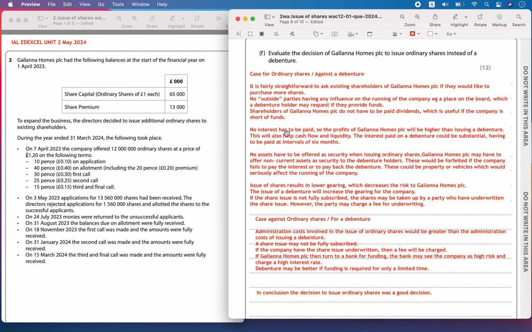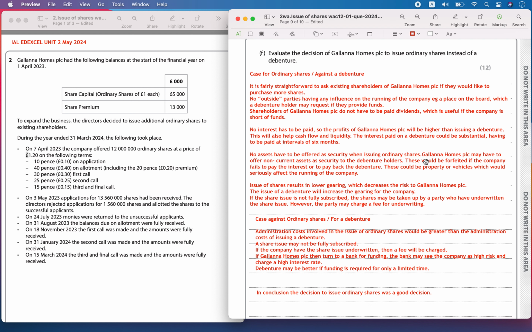Whereas for a debenture you have to pay some fixed interest, which is another disadvantage. So no interest has to be paid, so the profit of Gallanna Homes will be higher than issuing a debenture, for which you have to pay a fixed interest, and this is going to help in cash flow and liquidity. The interest paid on a debenture could be substantial, paid at intervals of 6 months.